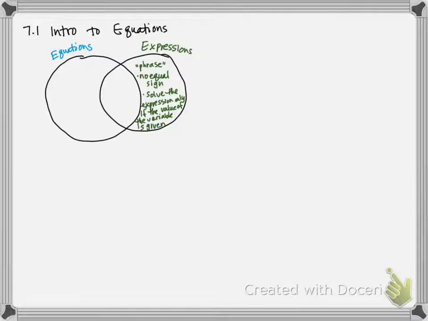Okay, let's talk about equations. So it is not a phrase, it's a sentence. It's like got full punctuation, it can stand on its own. It has an equal sign, that's why it's called an equation.